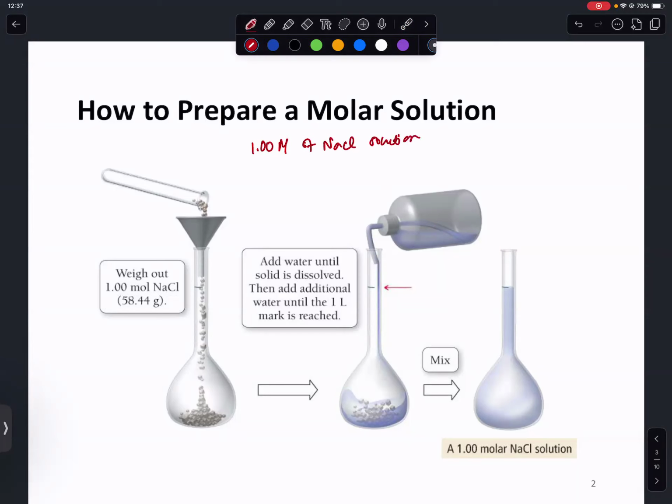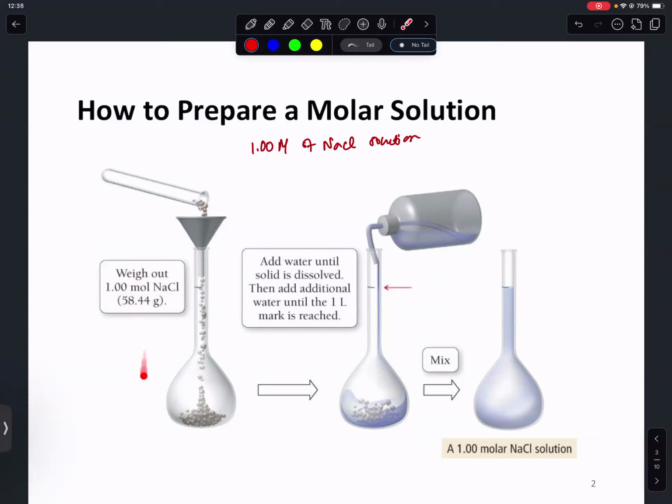In order to prepare it, first of all, you'll need to weigh out an equivalent of 1.00 mole of sodium chloride, which is going to be 58.44 grams. Of course, this comes from the molar mass of sodium chloride.